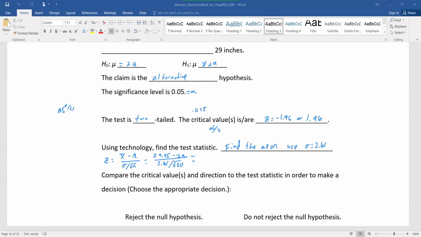Ooh, this is gonna be hard. So 29.45 minus 29 is 0.45, right? So that's the top part here.